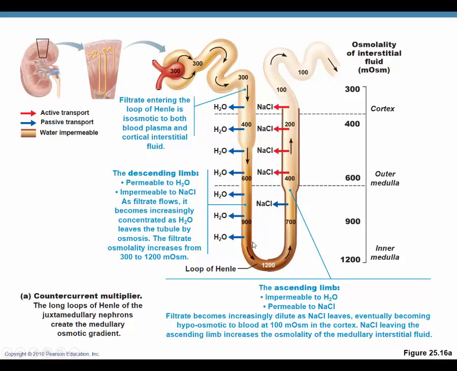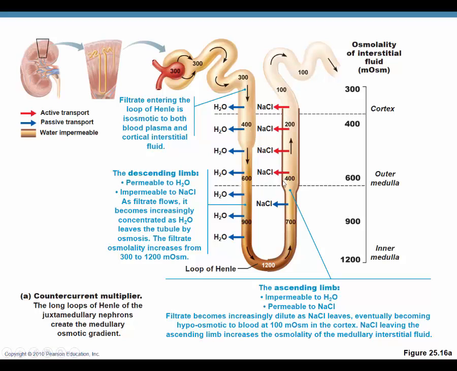So it gets more and more concentrated, then it turns, we call this the hairpin loop, and comes up, and we start to see a little bit of passive movement of sodium chloride. There's some leaking, that paracellular movement. But for the most part, it's active, and that's the key thing. So now if I start pulling salt out of here, would you agree that it would become more and more dilute?